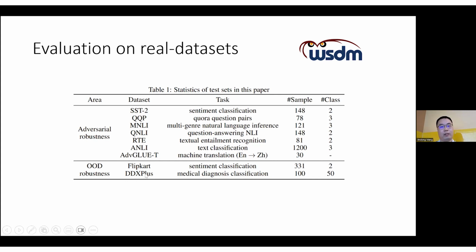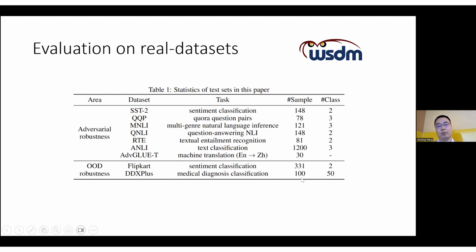For Flipkart and DDX Plus, these two datasets are not popular, but they are very easy to understand. The first one is sentiment classification, and the second one is medical diagnosis classification, which basically asks some symptoms, and then the question is what kind of diseases does this person have. So it's a multi-classification problem that actually has 50 classes, so it's very hard.